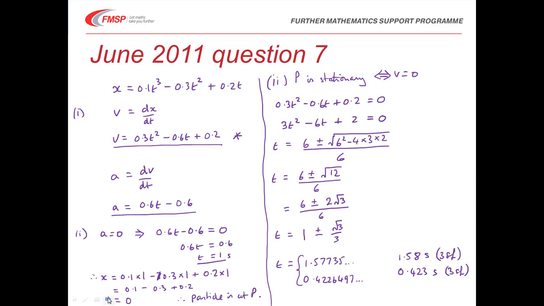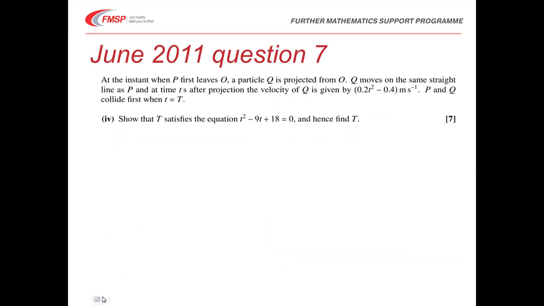Okay, let's look again now at the question. At the instant when p first leaves the origin, a particle q is projected from the same point. At the same time, when t equals 0 for this particle q, its position is 0.